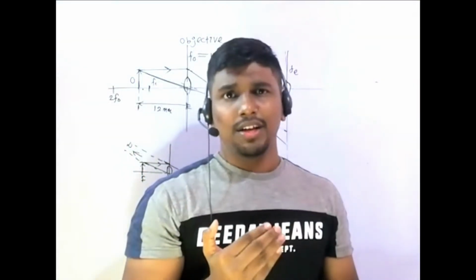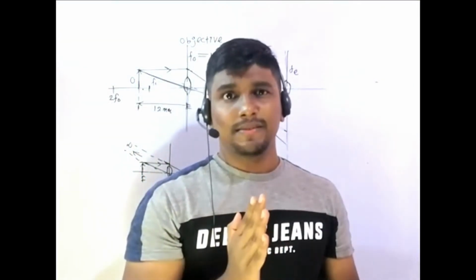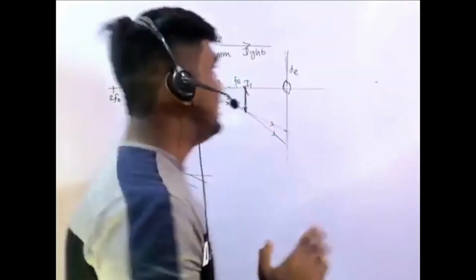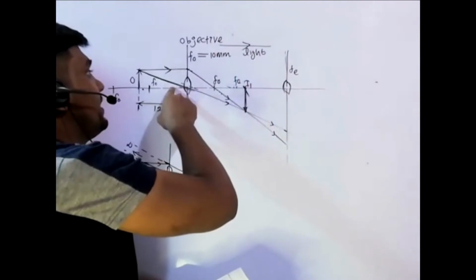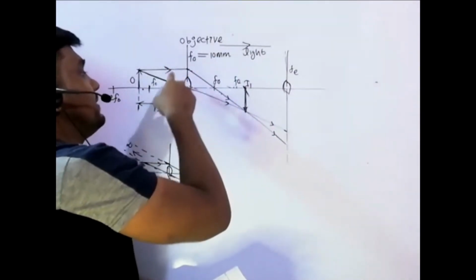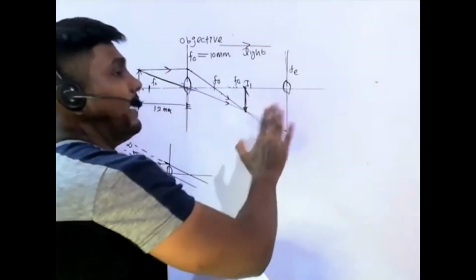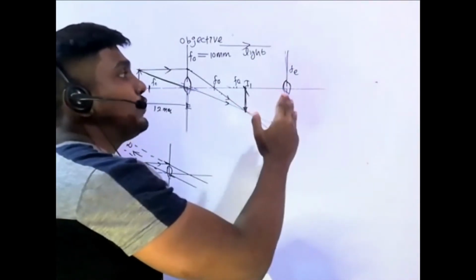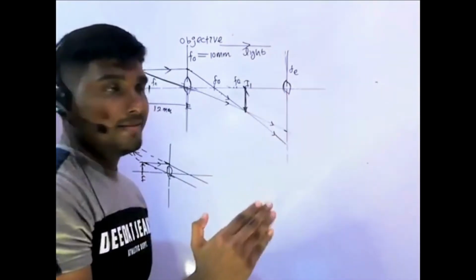But remember, when you use additional rays, you have to draw them in dotted lines, because these are our two main rays. No matter how many more rays you use, you should draw all of them in dotted lines.